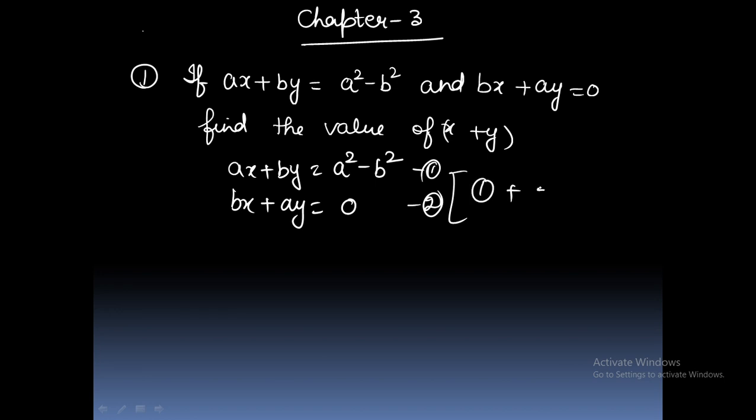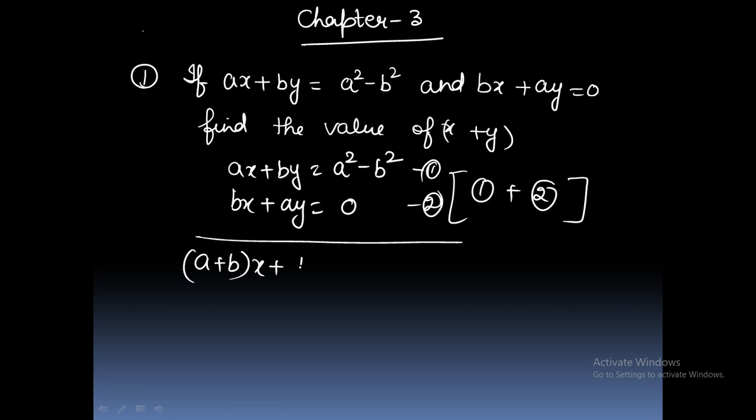Add the first equation in the second equation. We will find (a plus b)x common, (b plus a)y common, equal to a square minus b square. Here a plus b and b plus a are both the same.